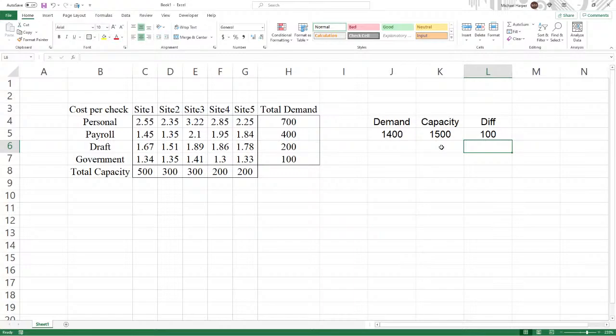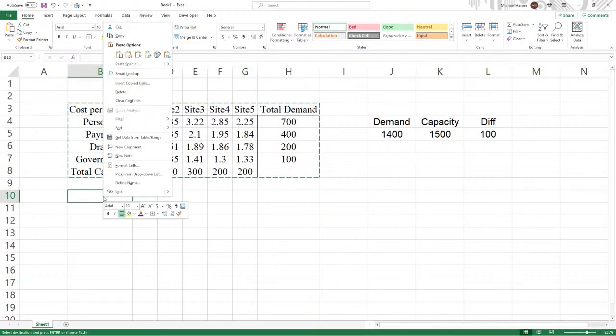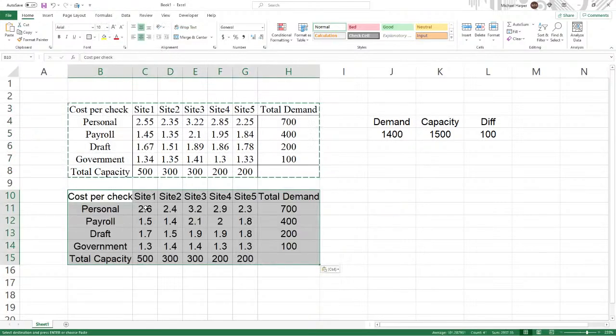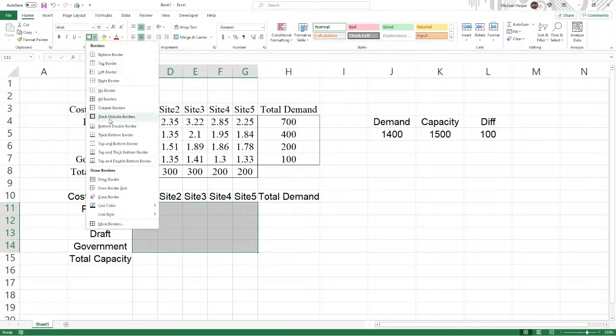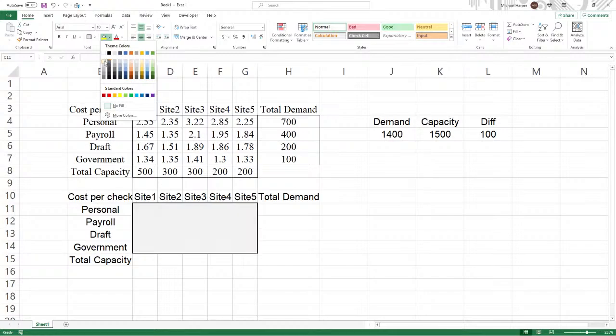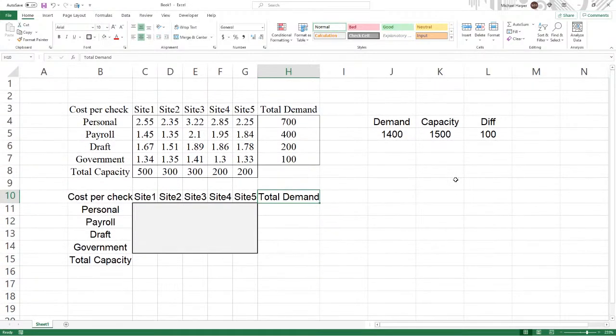We should be fine. Now let's take this right here, Control C, and paste it down here with just the values, and delete these. This is going to turn out to be our decision variables. Let's box this in and shade it. Now this total demand here is really going to be what is being processed.